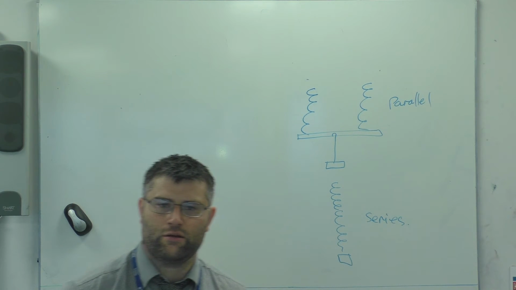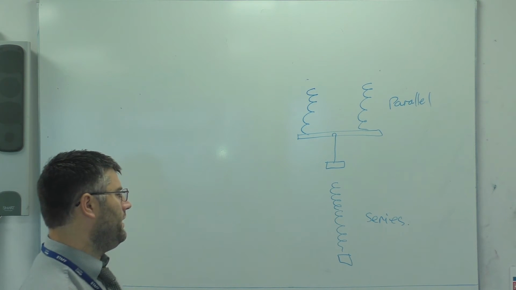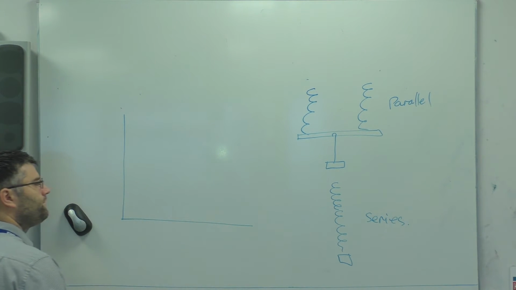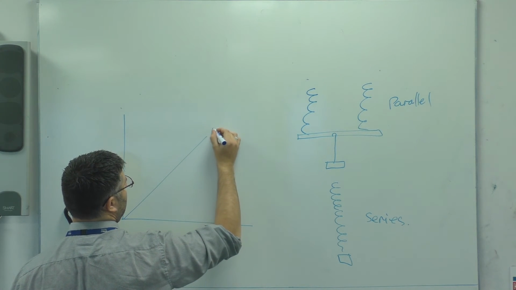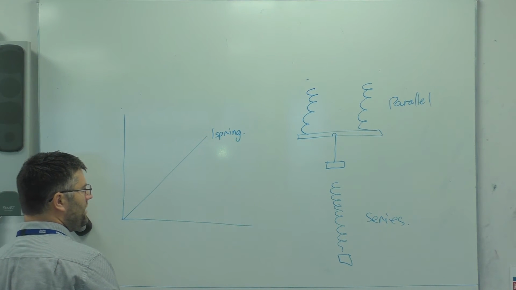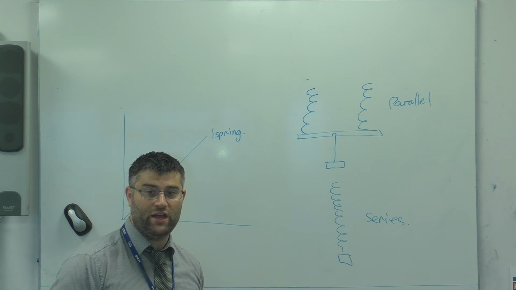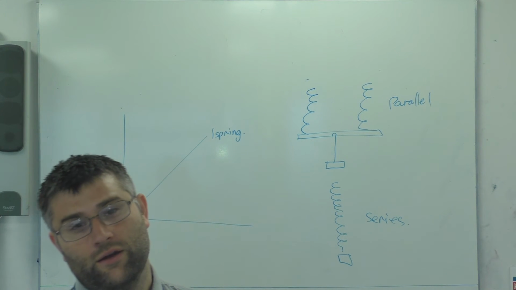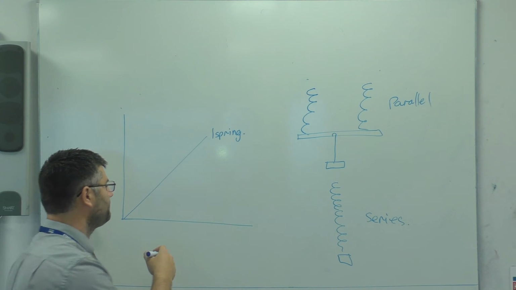Now, you might have an idea of what might happen to the force constant here. It does change. Now, what you'd expect to see on the graph, so if you have one spring, then what we'd likely observe is one of these arrangements is going to be stiffer and therefore have a lot greater force constant, and one is going to be less stiff and have a smaller force constant.